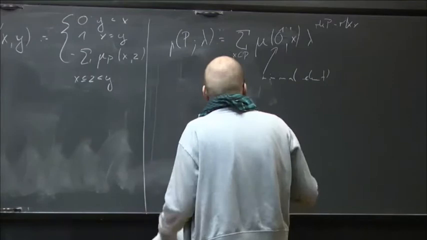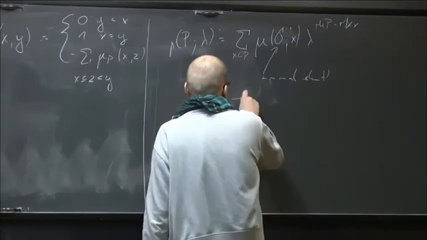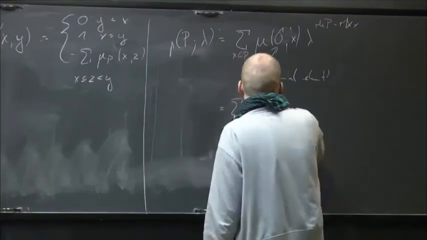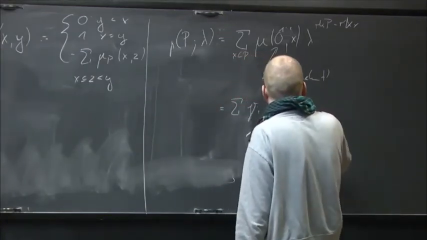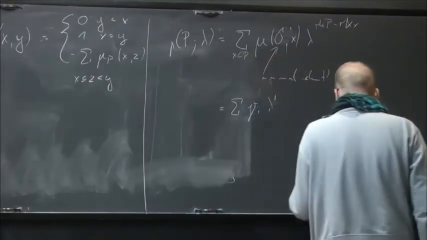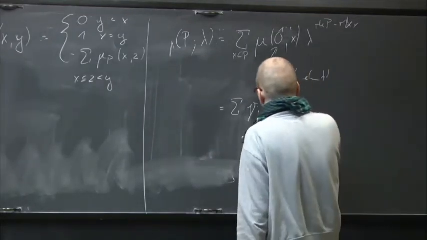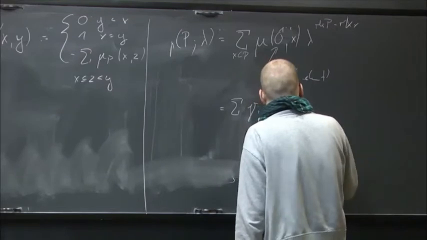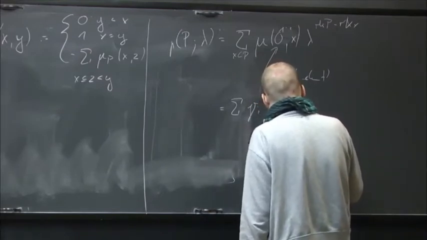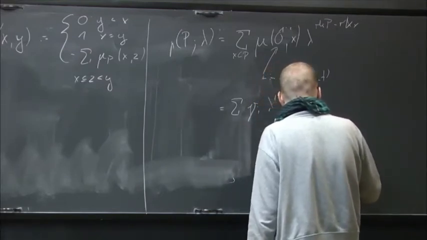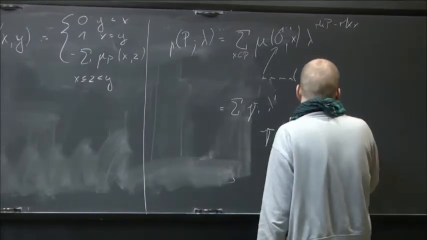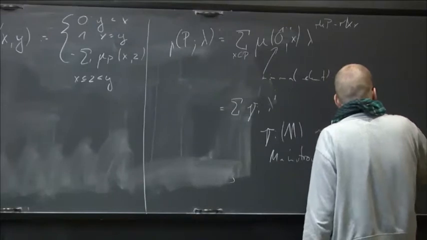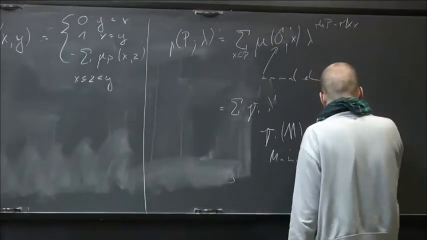Okay, good. And this is a polynomial, and so you can rewrite it as some polynomial with coefficients gamma i times lambda to the i, and these numbers gamma i, for M a matroid, are called the Whitney numbers.